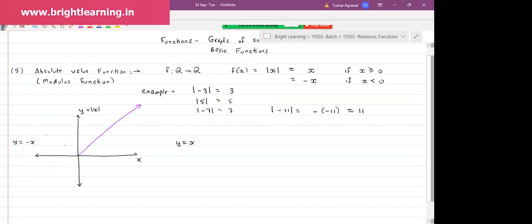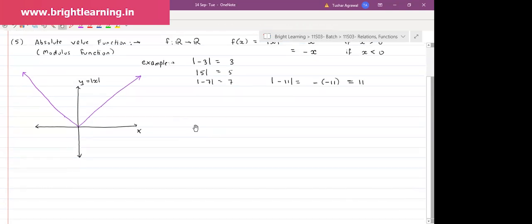If you draw the graph, it will be this way. Actually, it's a mirror image about the y-axis. The bottommost point of this V-shaped graph is x equal to 0. This is the graph of y is equal to mod x.